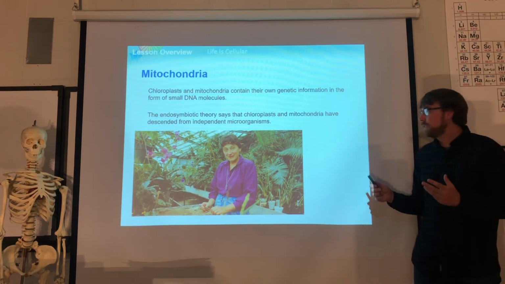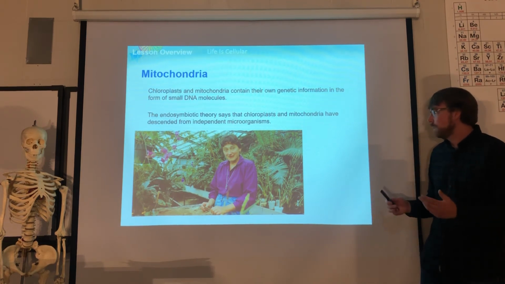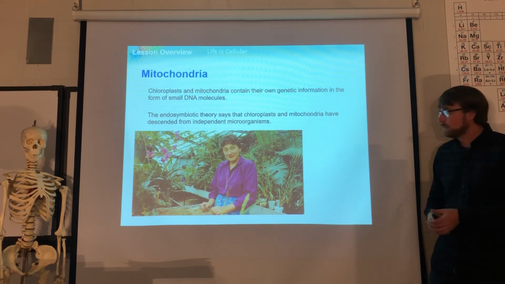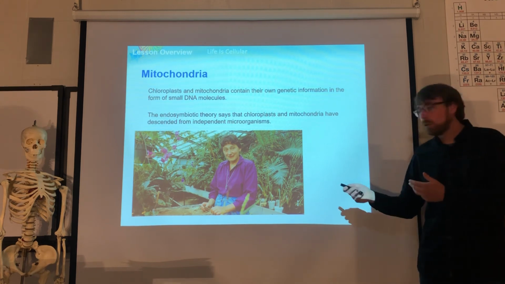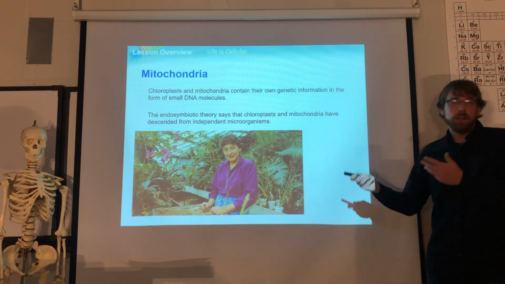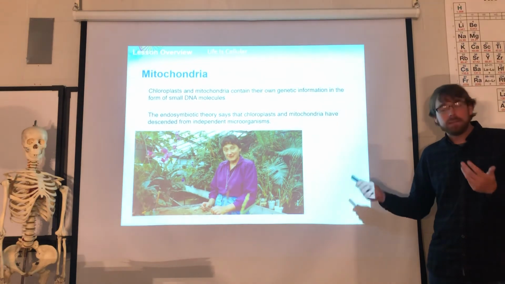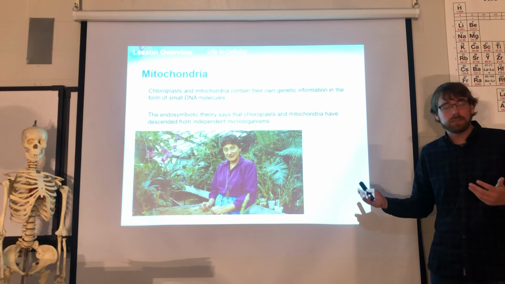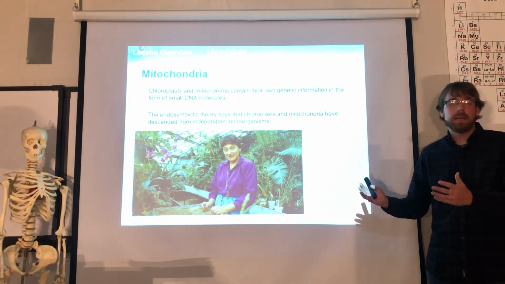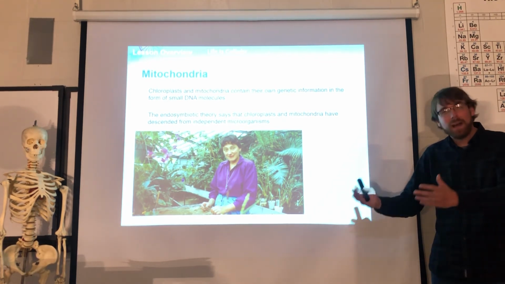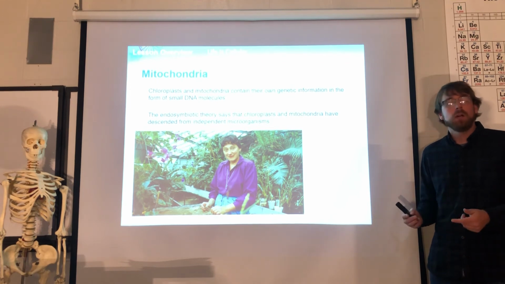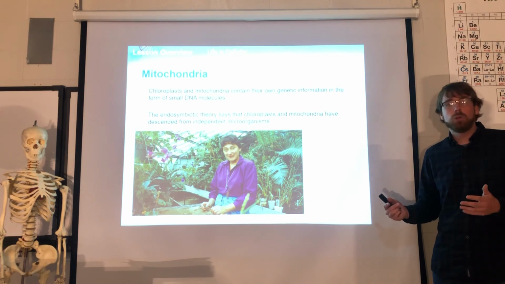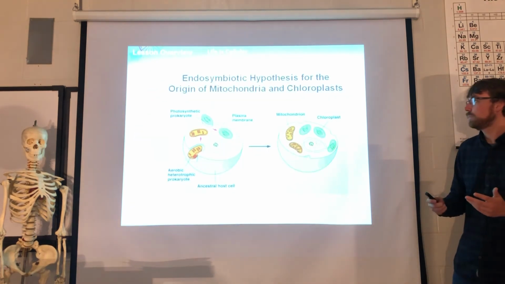We have endosymbiotic theory that states that chloroplasts and mitochondria have descended from independent microorganisms. This theory was first proposed by Dr. Lynn Margulis. It is now widely accepted and highly supported because it is the only thing that explains why mitochondria have their own DNA, why chloroplasts have their own DNA, why they replicate themselves and are not controlled by our nucleus.